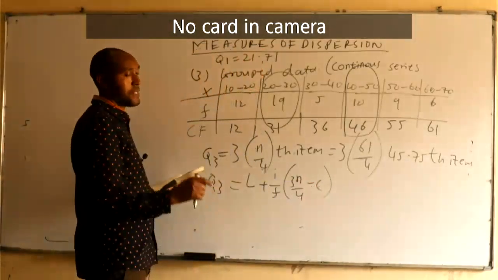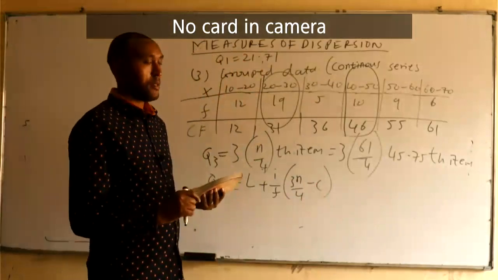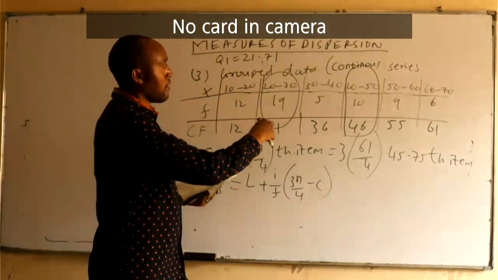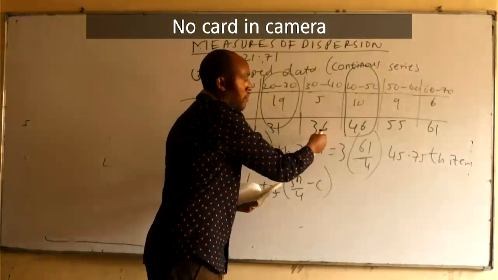C is the cumulative frequency preceding the quartile class. So for example, here it will be 36.